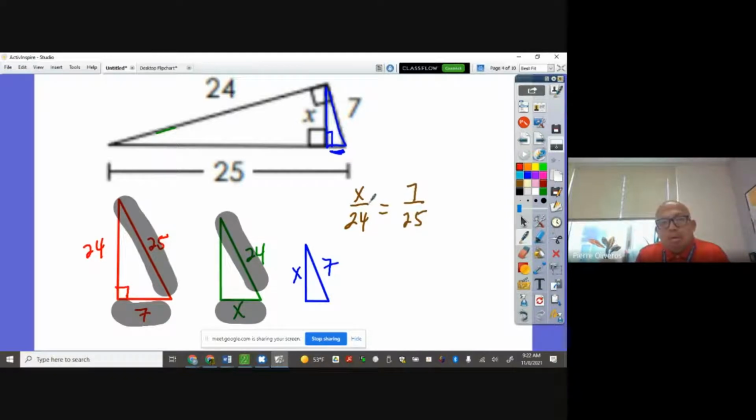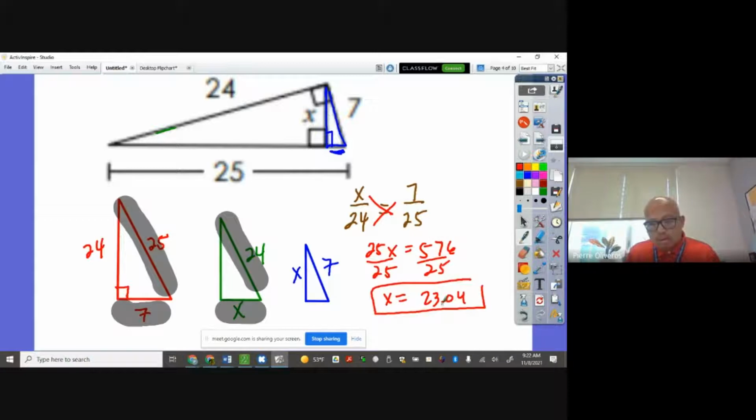We all know how to cross multiply. x times 25 is 25x, and 24 times 7 is going to give me 168. Divided by 25, 25 divided by 25, that will give me x is equal to 23.04, and that's the answer. And it's okay to have a decimal here. Okay. All right.